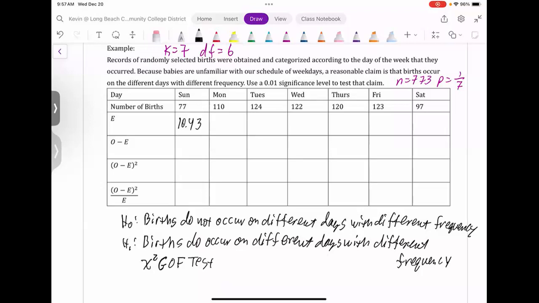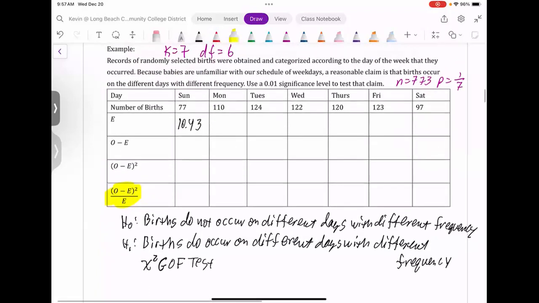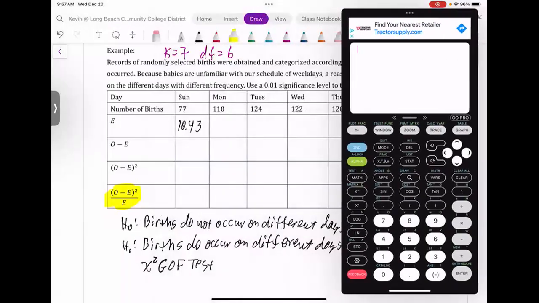I put that value there, and this here is going to get me my test statistic. If you remember, that's that there. But the good news is the calculator does all this work for us. So let's go to goodness of fit test. So stat tests. It's going to be way down towards the bottom. Chi-squared goodness of fit test.